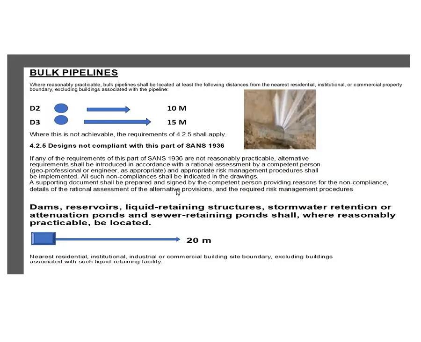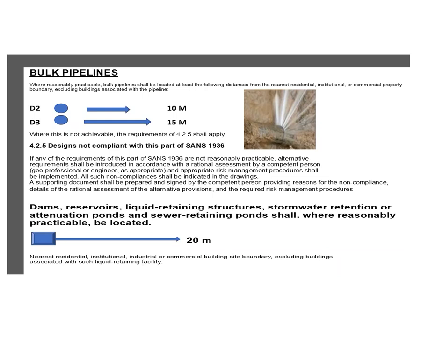For example, where you're in a D2 or D3 area, for bulk pipelines, there is some guidance that's given. And I can just read this. It says, where reasonably practicable, bulk pipelines shall be located at least the following distances from the nearest residential, institutional, or commercial property boundary. So not from the actual building wall, from the boundary of the property, excluding buildings associated with the pipeline. So D2, 10 meters, D3, 15 meters.